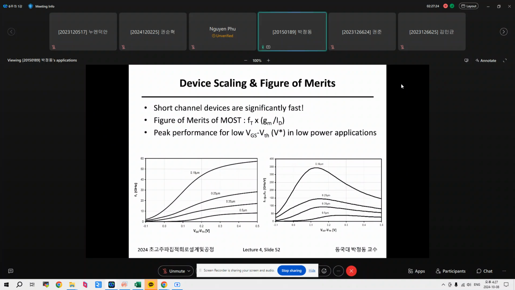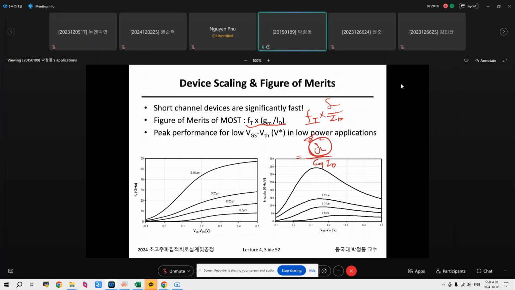Short channel devices are significantly fast, right? So we introduce a new figure of merit for RF application. We multiply FT by GM. We notice that FT is GM divided by C total, so the performance is proportional to the square of GM.